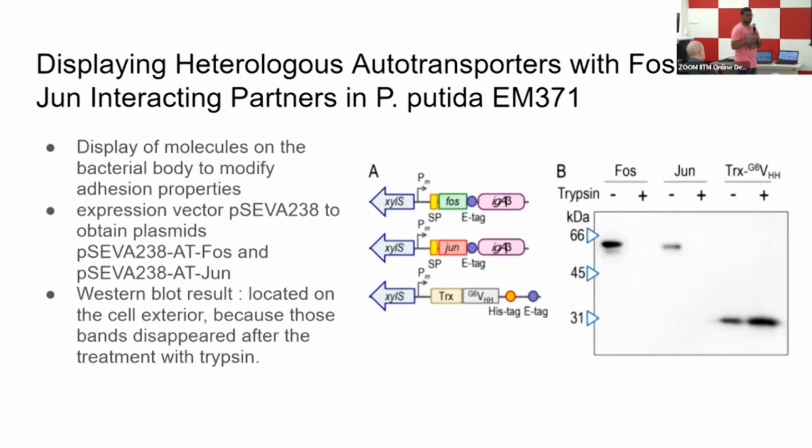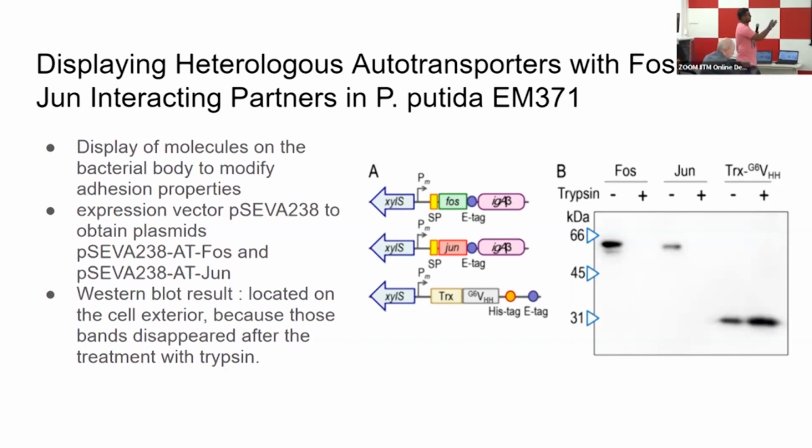Another objective here was to add artificial adhesins. Initially our parental strain has some adhesins. We removed 21 regions from them, and now the objective is to add synthetic adhesins and check the properties again.